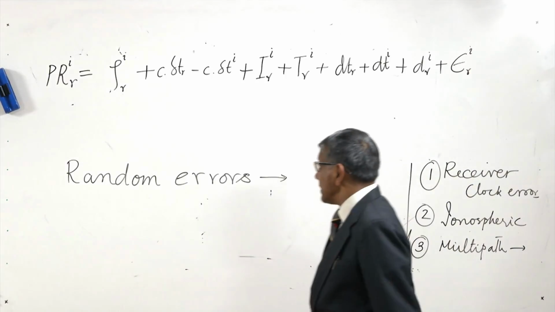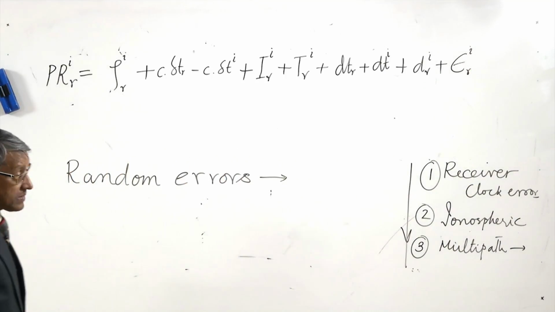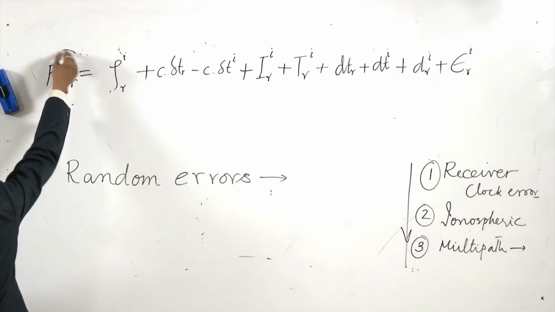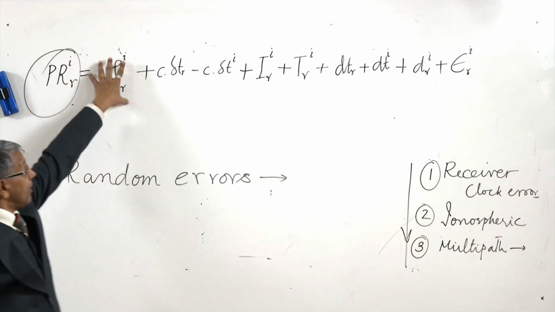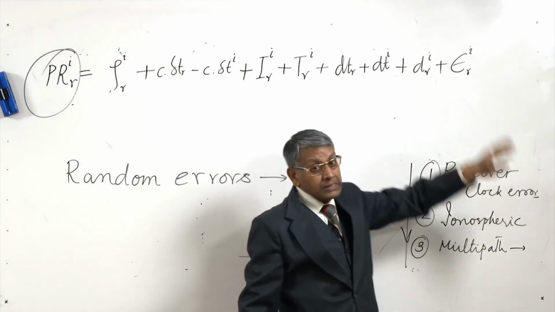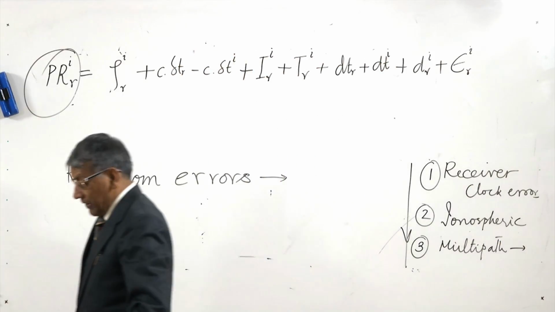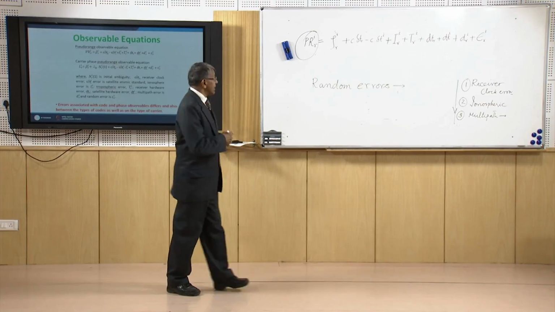So this expression tells us that the pseudo range observable which we get from GPS observation is a number that consists of all these components.